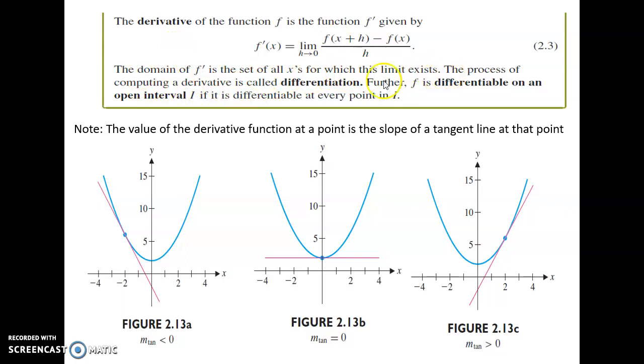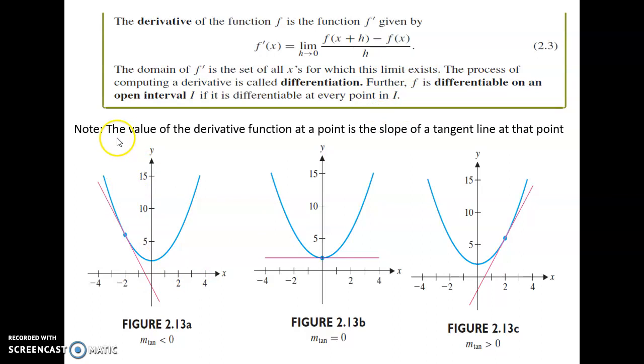The process of computing a derivative, the method or steps of finding the derivative, is known as differentiation. Of course, we use differentiation and derivative alternately, both meaning the same. If f is differentiable on an open interval I, that means it is differentiable at every point on the interval.